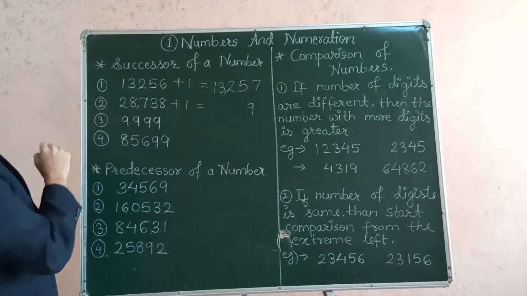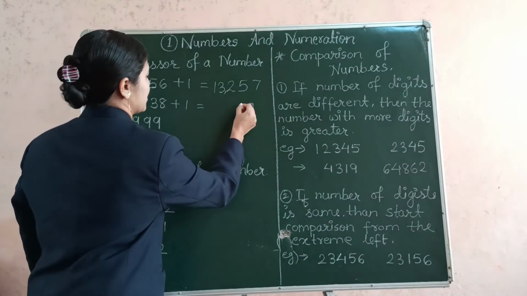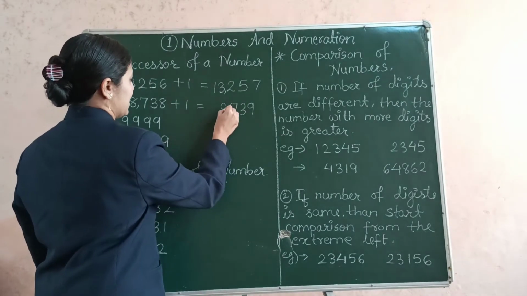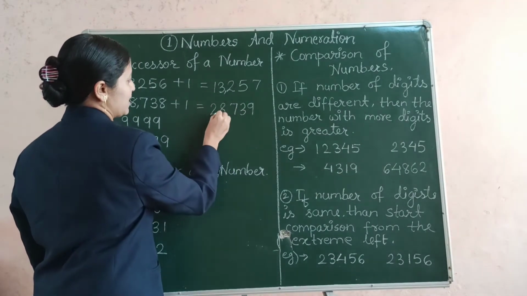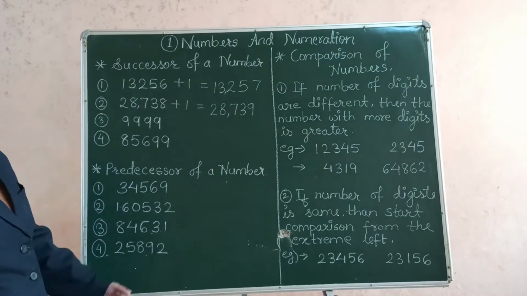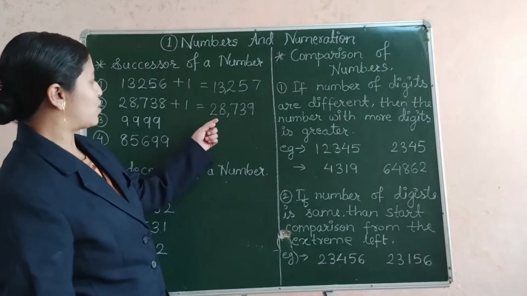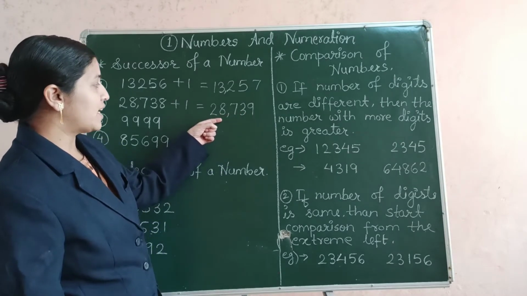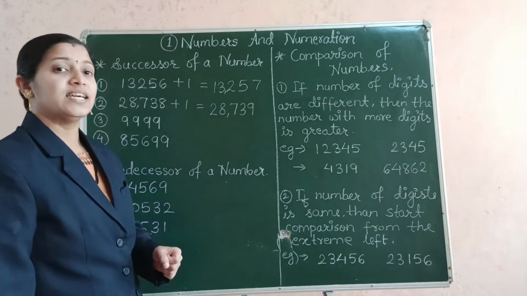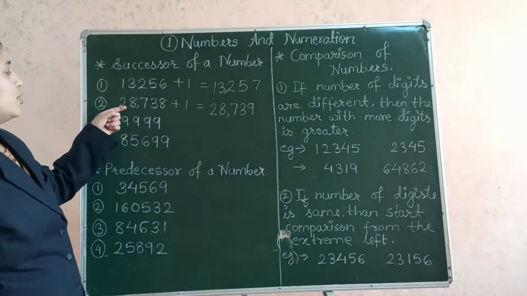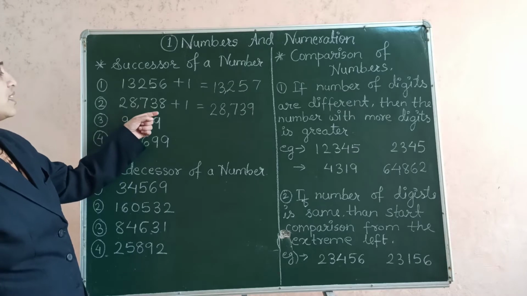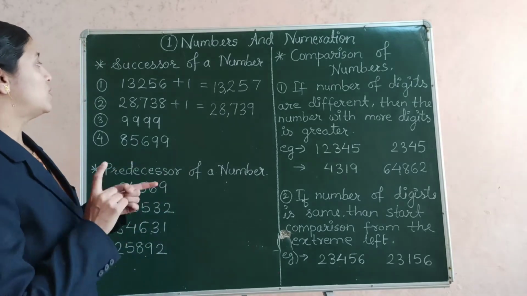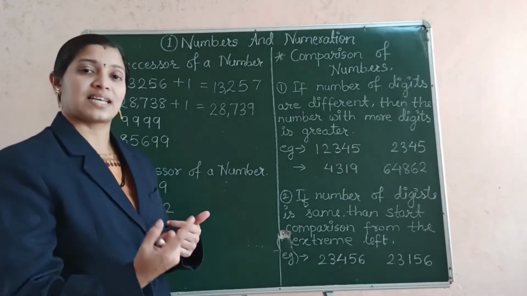The rest of the digits are written as they are: 3 in the tens place, 7 in the hundreds place, 8 in the thousands place and 2 in the ten-thousands place. What is the answer we got? We got 28,739. This number, 28,739, is the successor of 28,738. What we are doing here is adding 1 to the given numbers to get their successors.